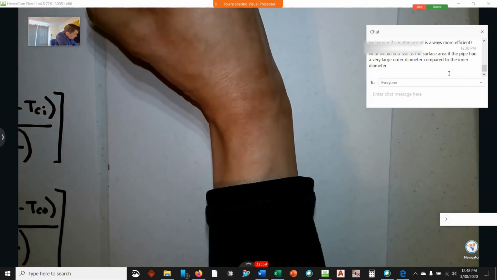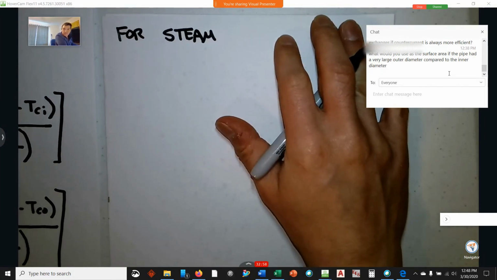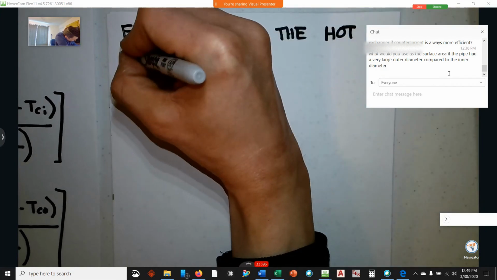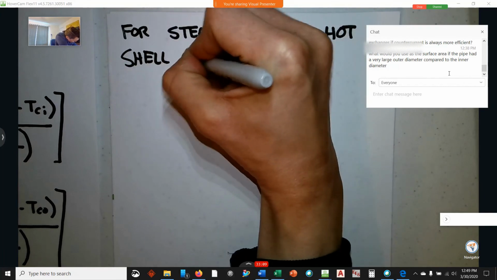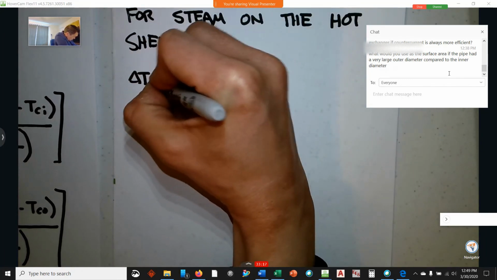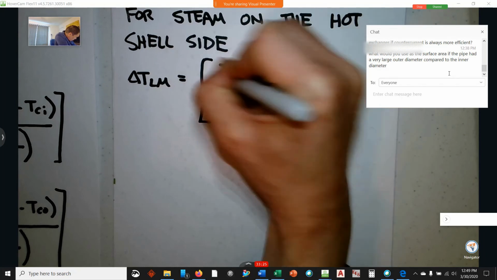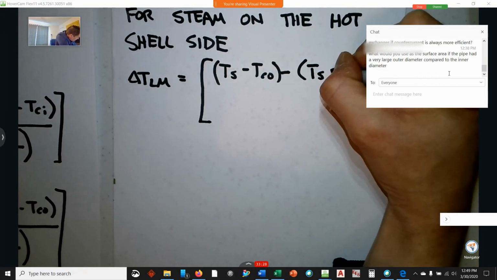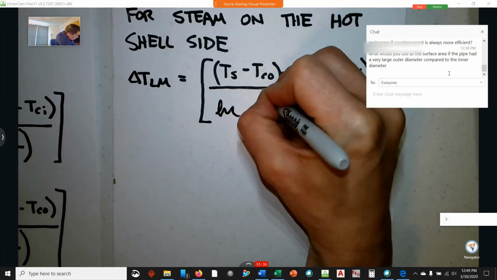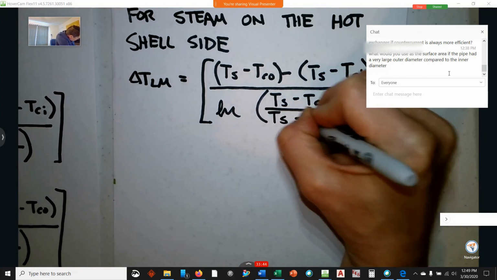So if we have steam on the hot shell side of this exchanger, then log mean temperature difference is T steam minus TCO minus T steam minus TCI, all over the natural log T steam minus TCO over T steam minus TCI.